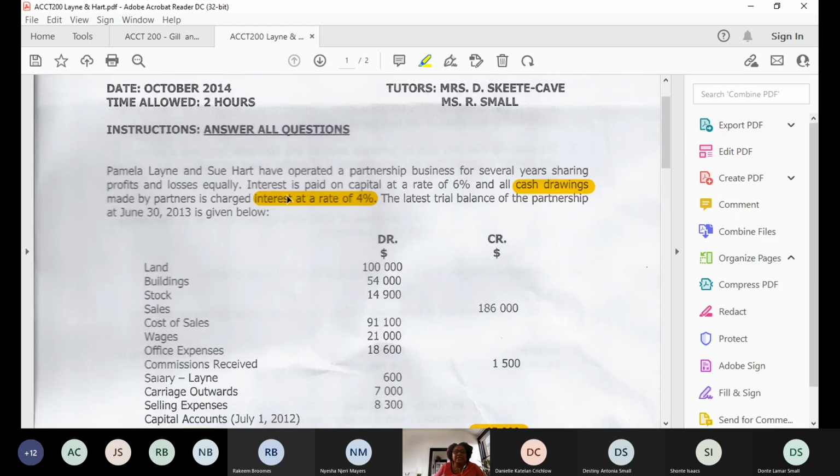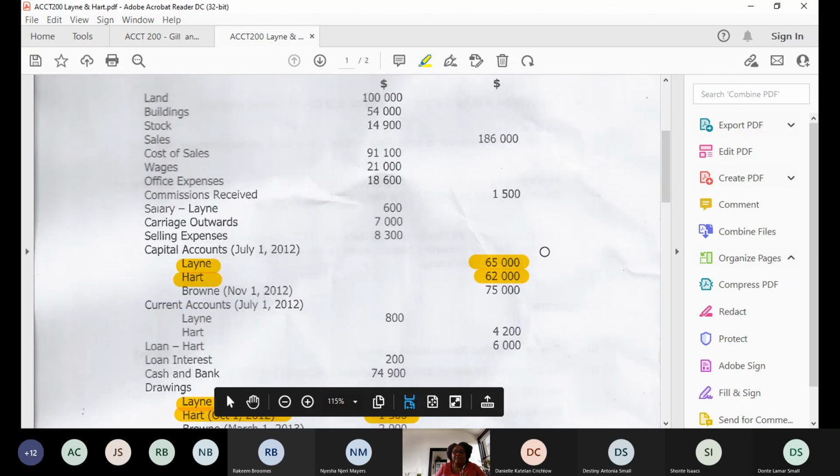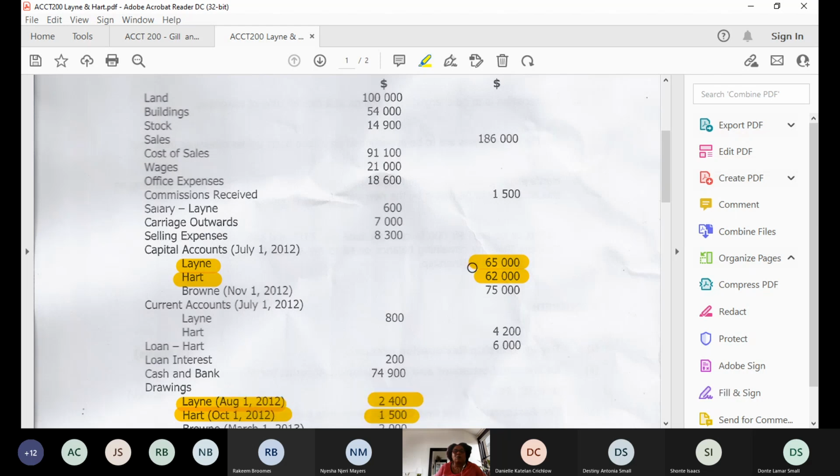The old agreement says interest is paid on capital at 6%. So Layne and Hart will be given interest on these capital figures under the old agreement, because that will be their capital at the beginning of the financial year. They will be paid interest on those capital figures up to the point when the old agreement would have ended.